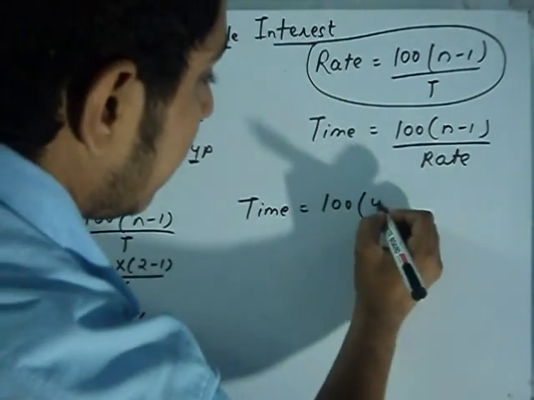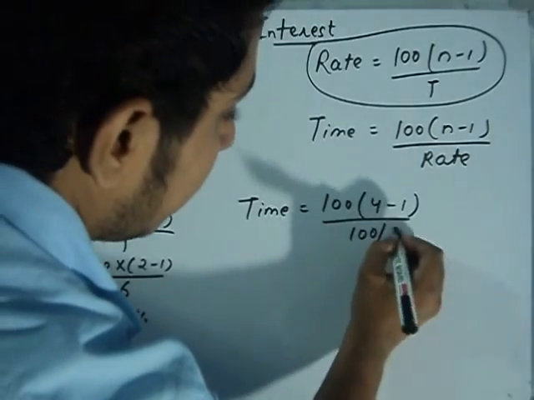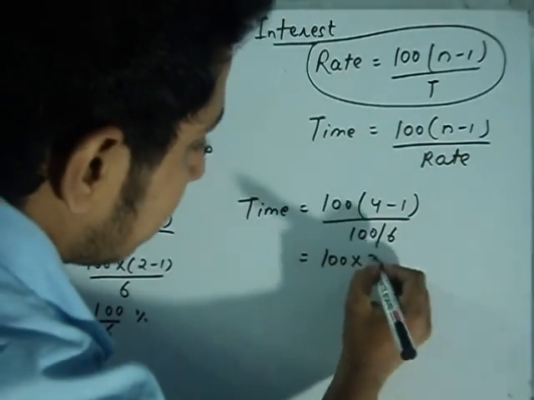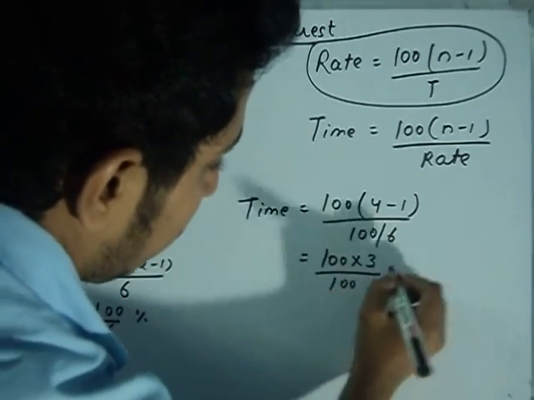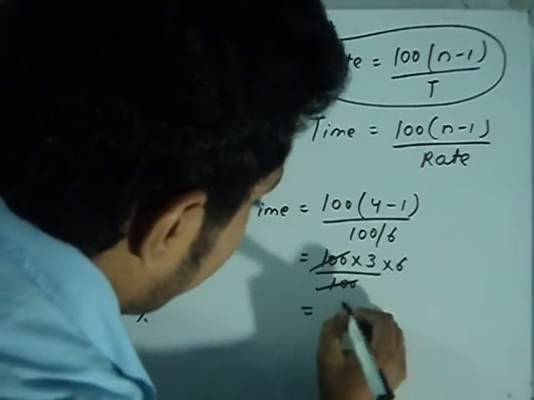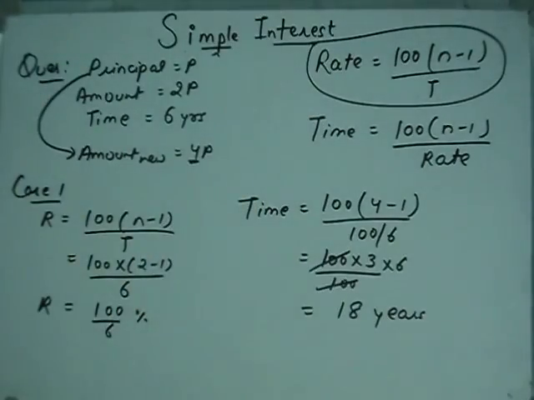So we can write it as 100 into 3 divided by 100 divided by 6. So after cancellation we get our answer as 18 years.